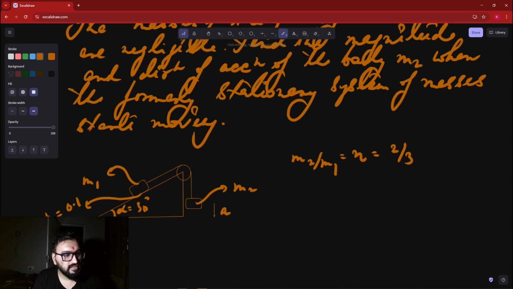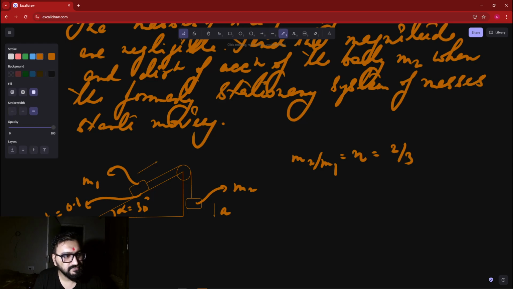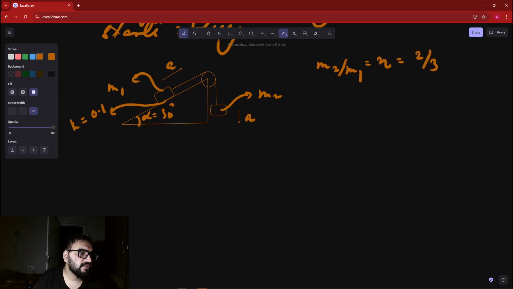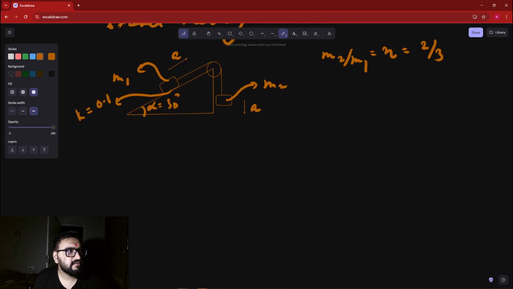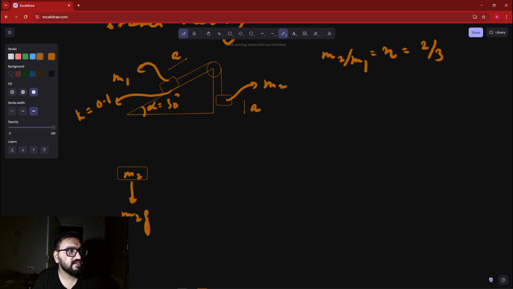Alright, so given this assumption, my mass m1 is moving in this direction, right? With an acceleration of a. Okay, so let me try and draw the free body diagram given this assumption. If I try to draw the free body diagram of m2, so this is my m2. There is gravity acting downwards, gravitational force acting downwards.